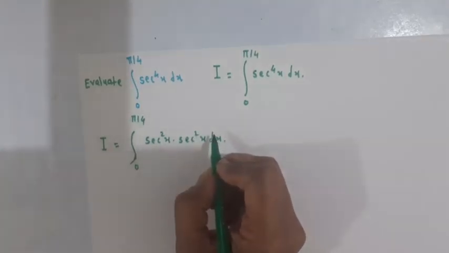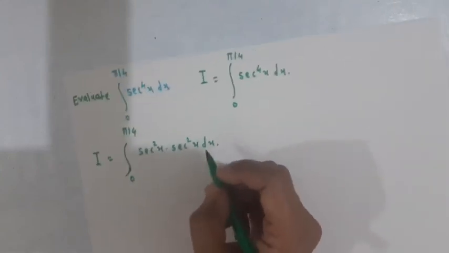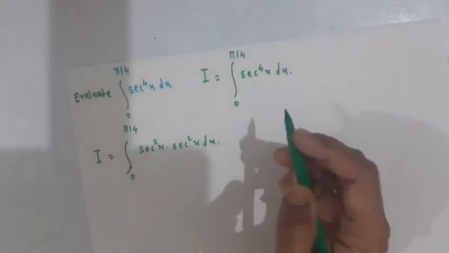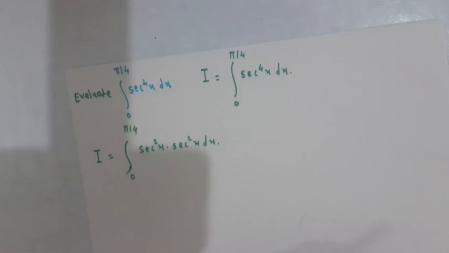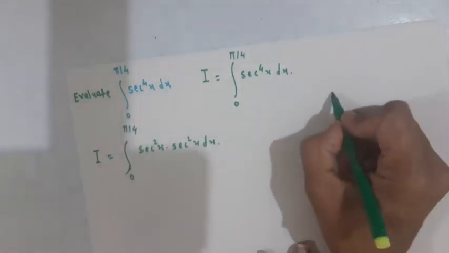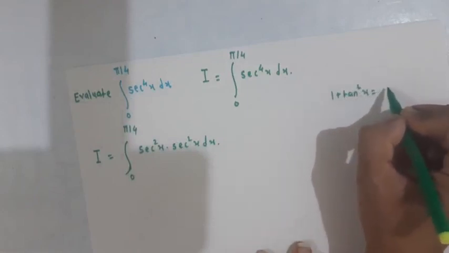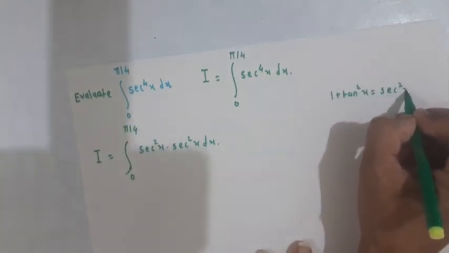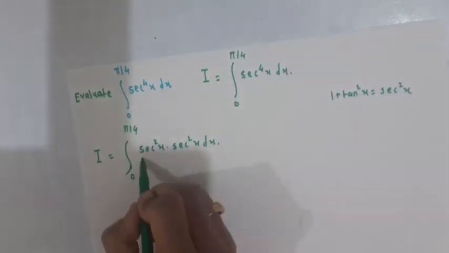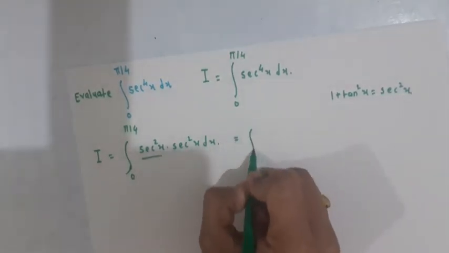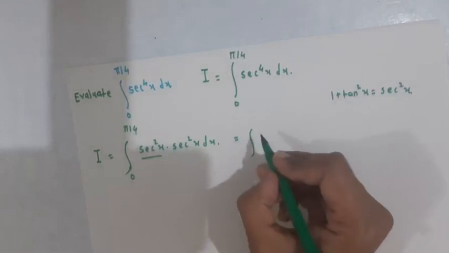Okay students, so here, by using the trigonometric formula, that is, 1 plus tan square x equal to sec square x, this sec square x we can convert in terms of 1 plus tan square x.